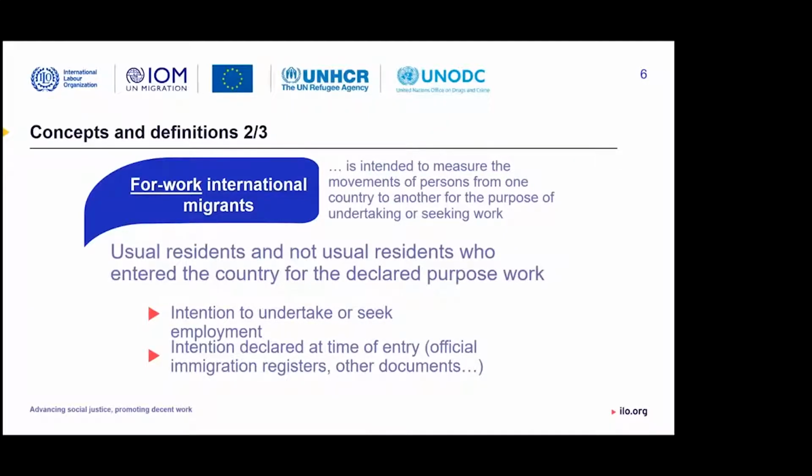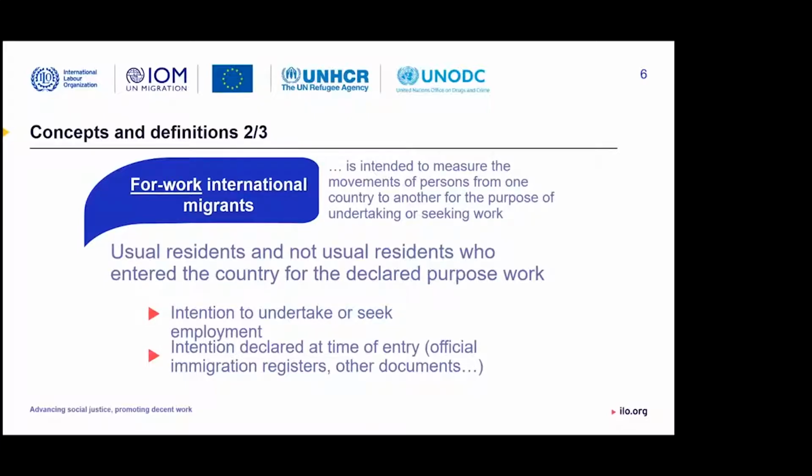Okay, so now we move to the next concept, which is for-work international migrants. This measure is intended to measure the movements of persons from one country to another for the purpose of undertaking or seeking work.